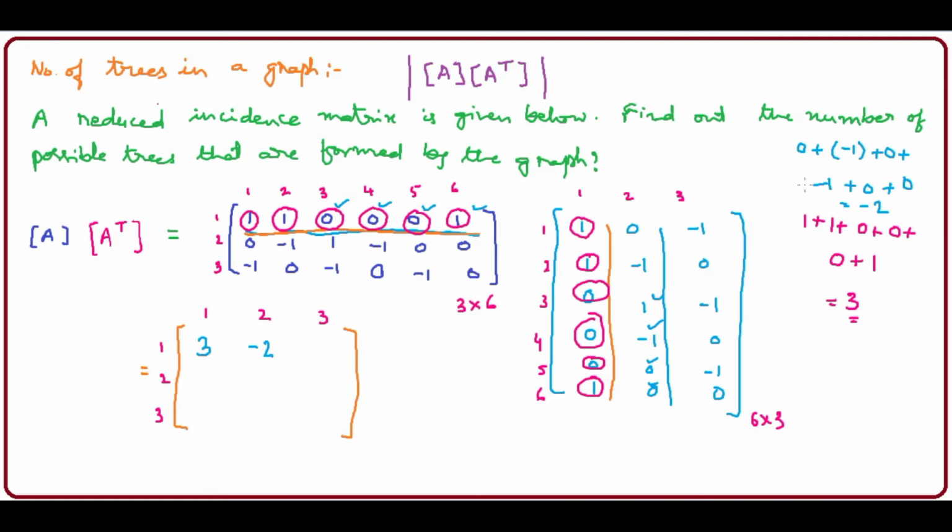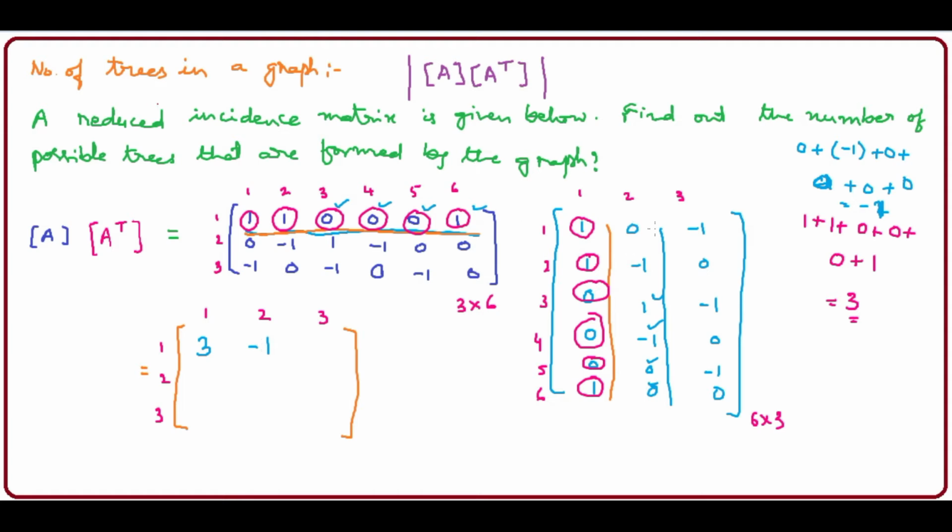Now the fourth element is 0 into minus 1, so it will be 0 only, so the value is minus 1. This is a small mistake, so let me correct it. Yes, this will be minus 1 only. That's all.